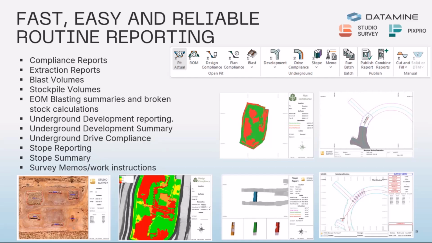With the exception of your stockpile report, anything that produces a volume, you can get a tons and grade for. So if you have a drive compliance, you'll be able to get a tons and grade for your overbreak portions, your underbreak portions. Same with your stope report.